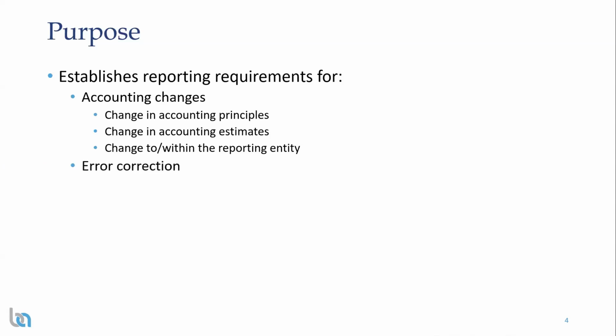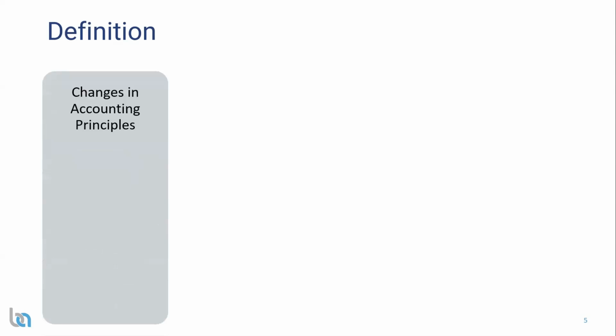Those are the two main areas, accounting changes and error corrections. Accounting changes can be divided into changes in accounting principle, changes in estimates, and changes in the reporting entity itself. We'll put all four side by side, compare them to each other and how they're treated. So let's talk first about the definition of changes in accounting principles.